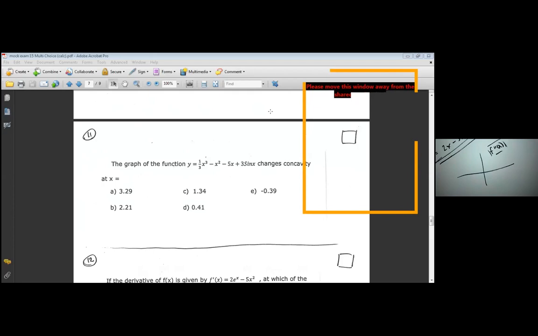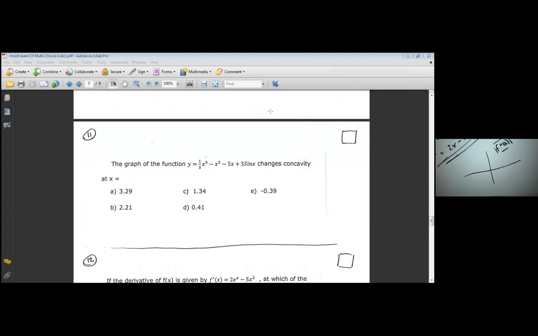Quick question. I'm not sure if maybe I derived it wrong, but when I did the second derivative, I got 2x minus 2. Hold on, did I forget a term? I think I skipped the term altogether.